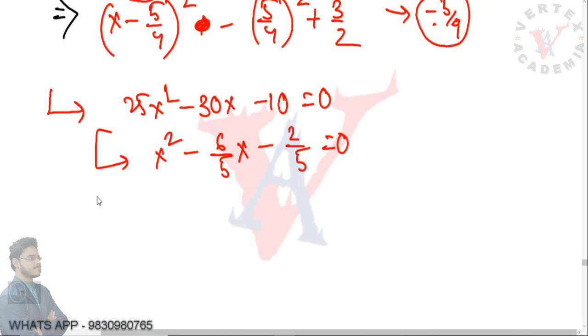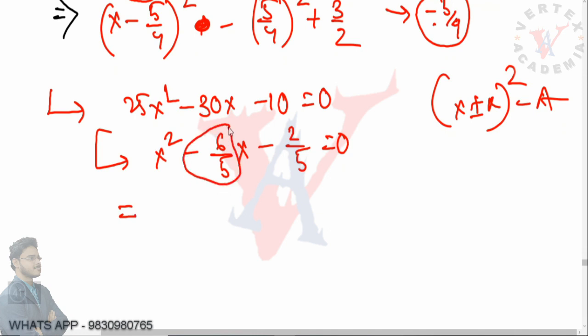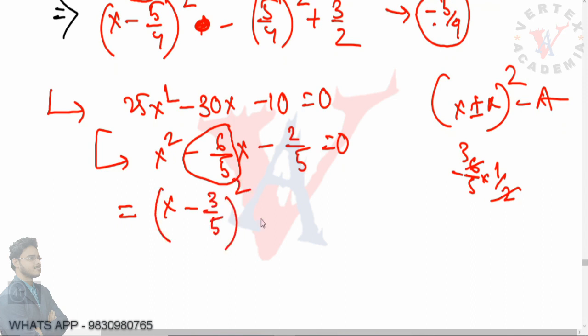Now how to write the step x plus or minus k whole square minus a in one step? You consider this number along with the sign and take its half. So its half is minus 6 by 5 into half, it is minus 3 by 5. So x minus 3 by 5 whole square. Now write minus 3 by 5 whole square minus 2 by 5. So basically this is a step jump.